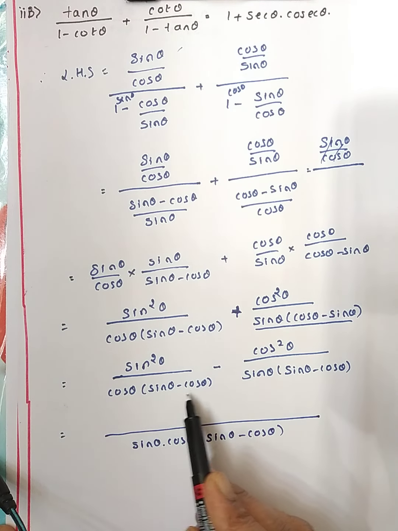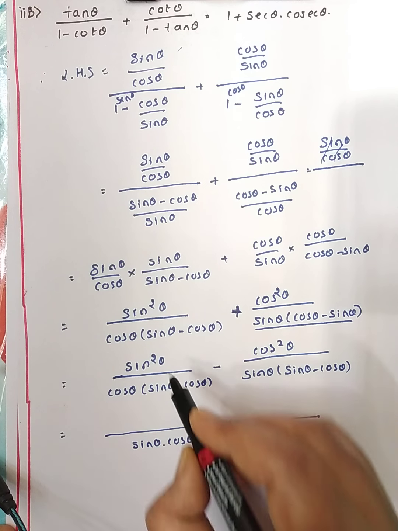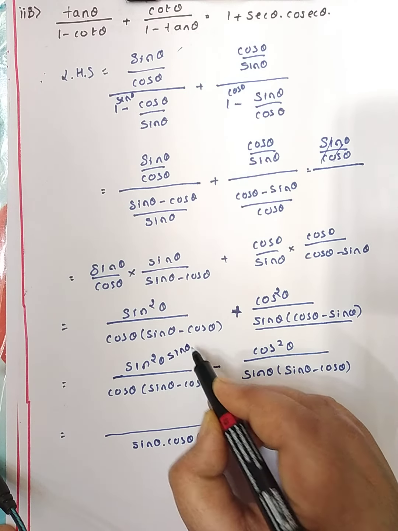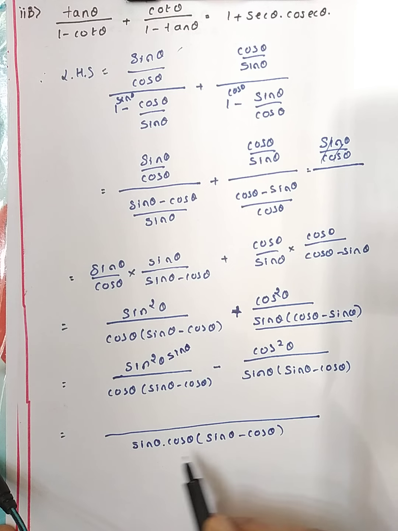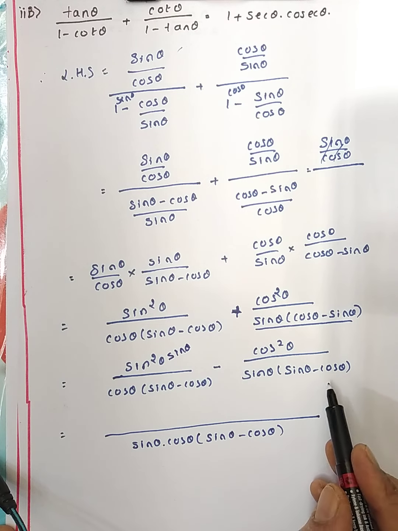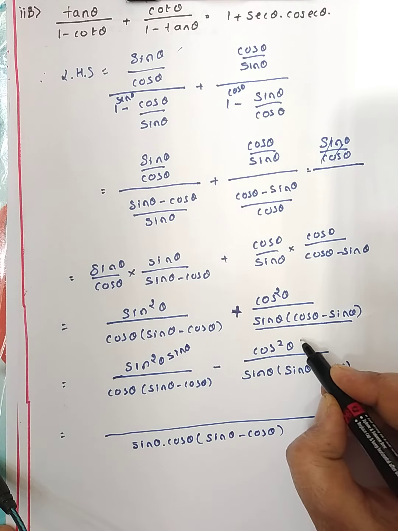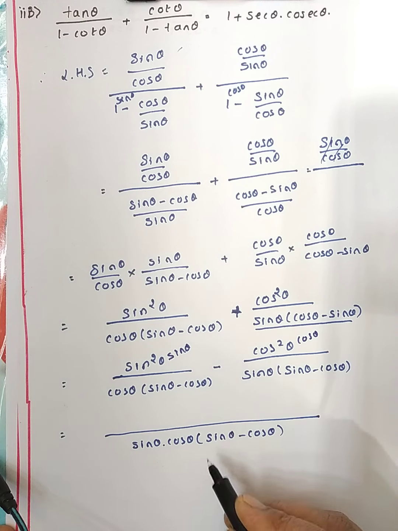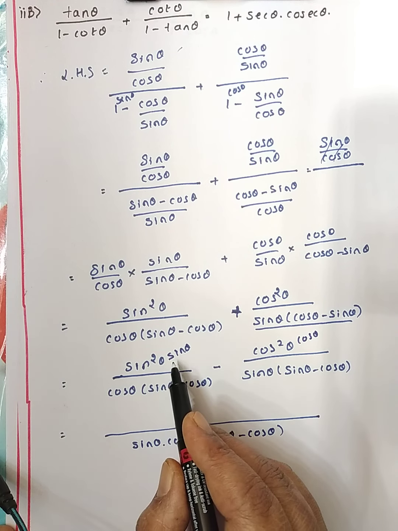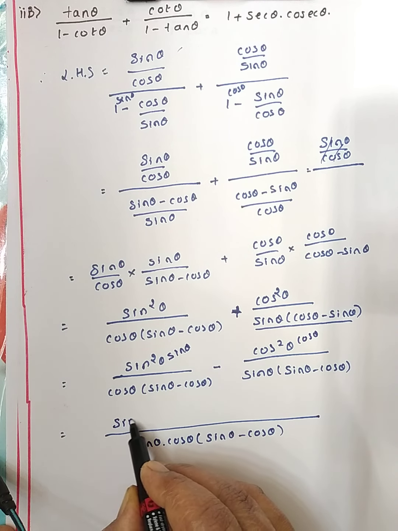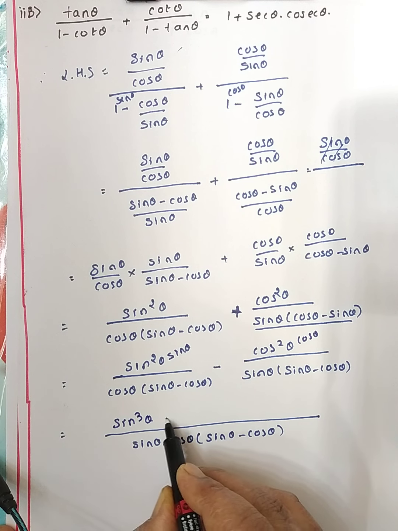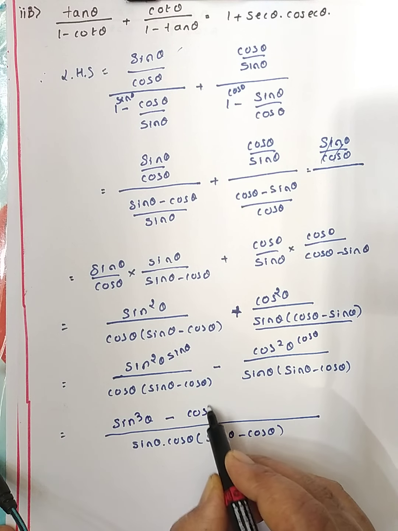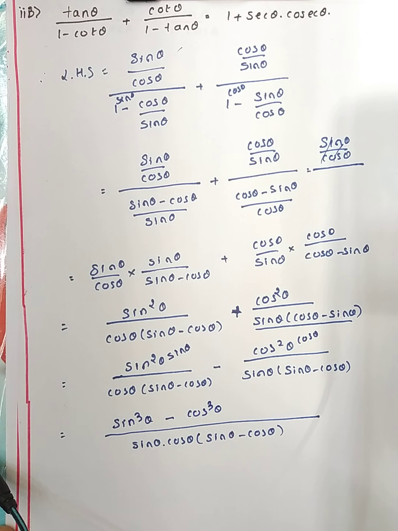Cos theta into sin theta minus cos theta is there, multiply by sin theta. Here sin theta into sin theta minus cos theta is there, multiply here by cos theta. Sin square theta into sin theta, this becomes sin cube theta minus cos cube theta.